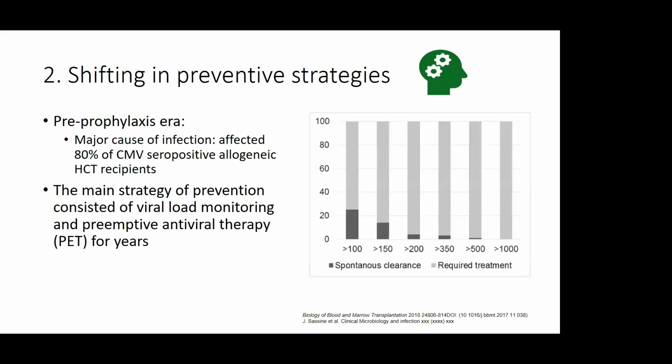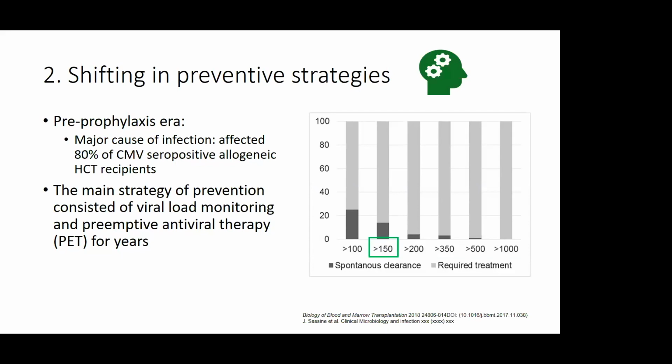But in reality, that was a bit of a fallacy, because everybody who gets a high-risk or an allogeneic transplant and reactivates, we said 80% reactivate, almost always just keeps the virus and may just get worse. So if somebody gets a viral load of 150, the chance that this person will spontaneously control his viremia is 14%.